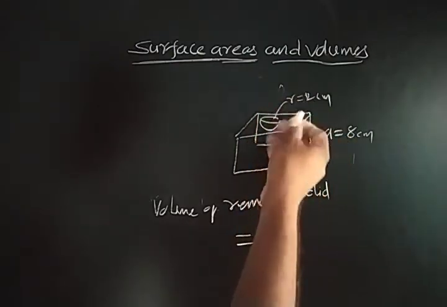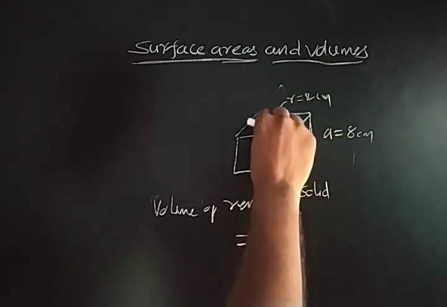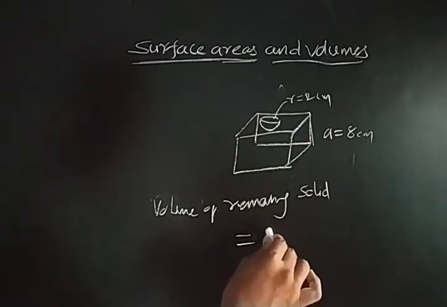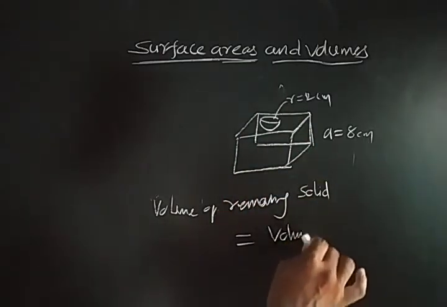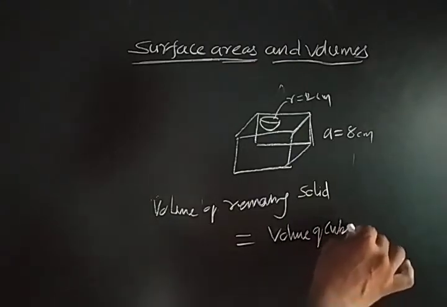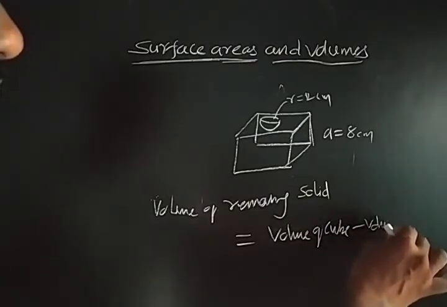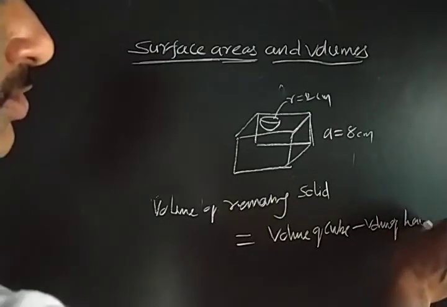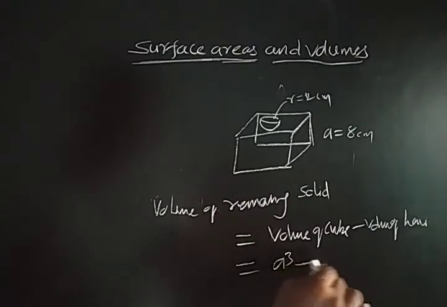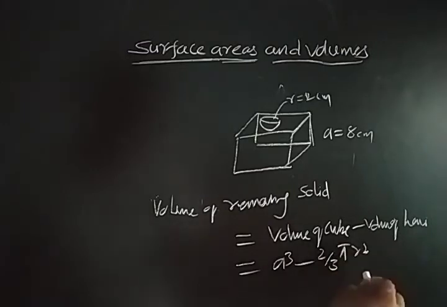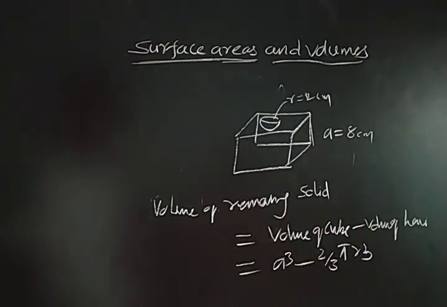From the total volume of the cube, we are removing the volume of the hemisphere. So volume of cube minus volume of hemisphere. Using this formula, we can get the total volume. Volume of cube is a cube, minus volume of hemisphere, 2 by 3 pi r cube. So A is available and r is available. By substituting and subtracting, we will get the volume of the remaining solid.